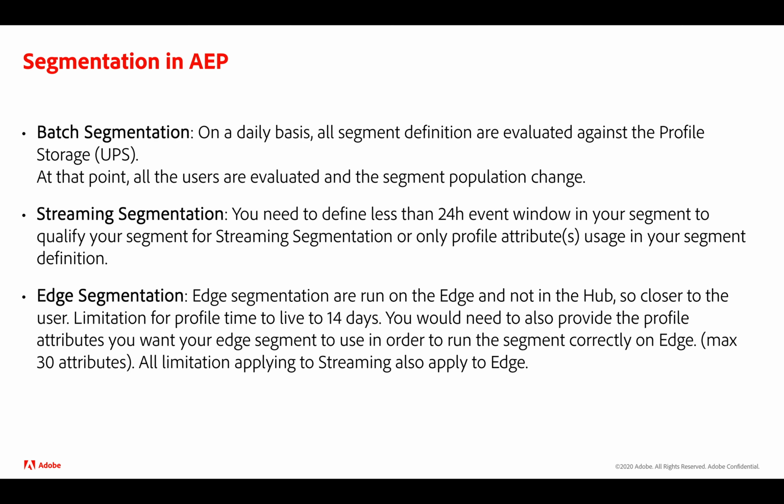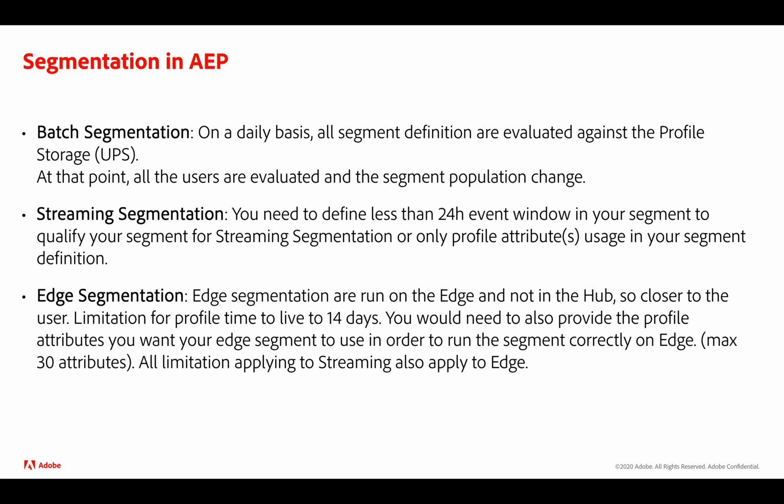So when you're building your segment, depending on what you want to do, it may not be possible to do it directly via the streaming segmentation. So you may need to have batch segmentation because if you're looking for something that has months of data, then it requires more compute, and therefore will need to be done in the batch segmentation.